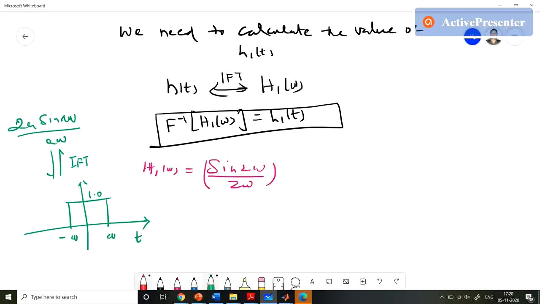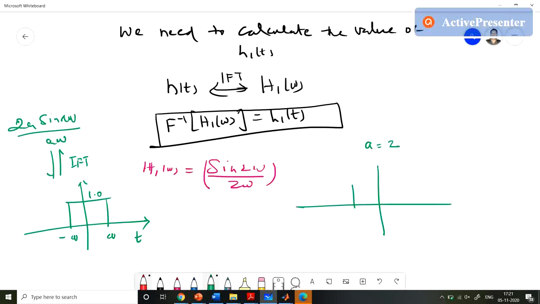Now we have sine 2 omega divided by 2 omega. So here we can just see that a is equal to 2. So what will we get here if we just compare it? We get a is equal to 2.